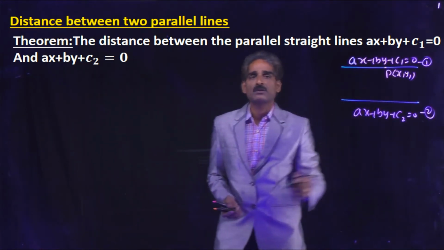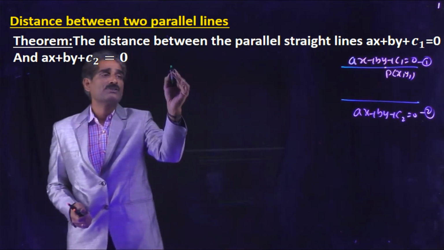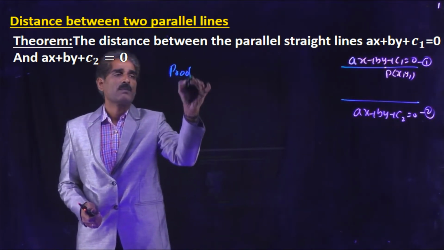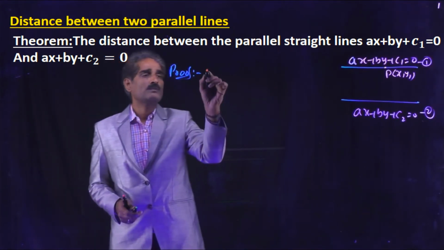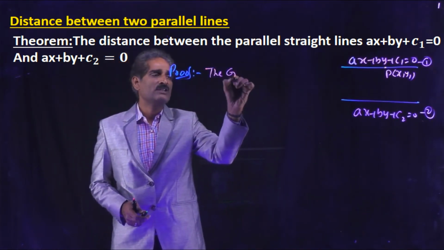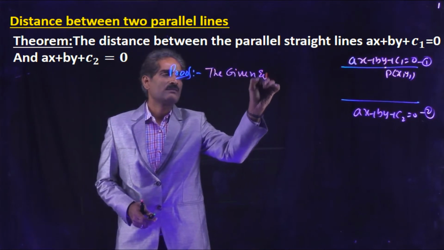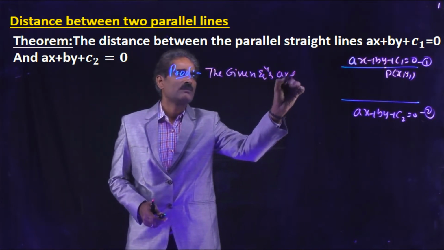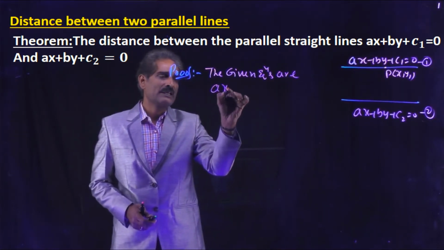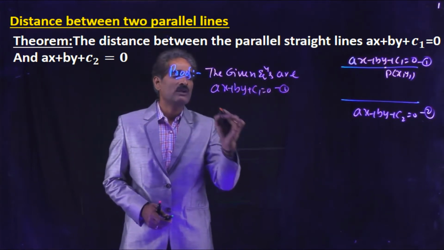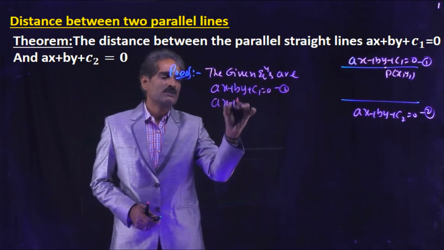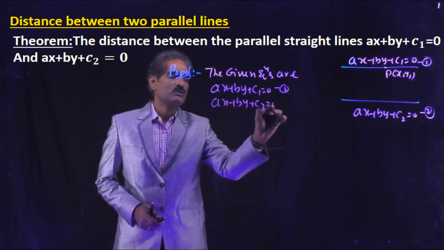Okay, so here the proof is: the given equations are ax plus by plus c1 equal 0, it is 1, and ax plus by plus c2 equal 0, it is 2.